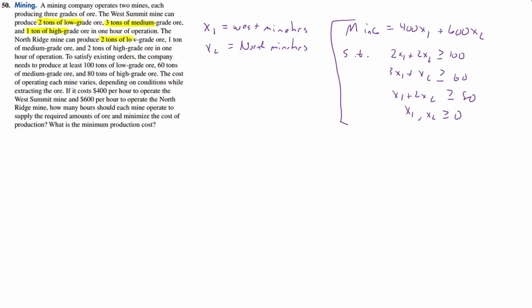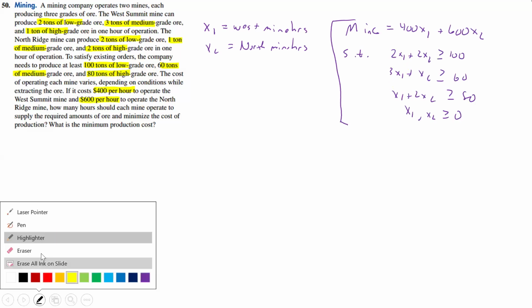And here we have 2 tons of low grade, 1 ton of medium grade, and 2 tons of high grade. Then we have to have 100 tons of low, 60 tons of medium, and 80 tons of high. And it's $400 per hour and $600 per hour. So all those items are how we get to those equations right there.